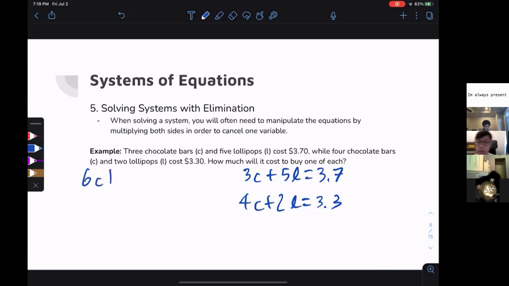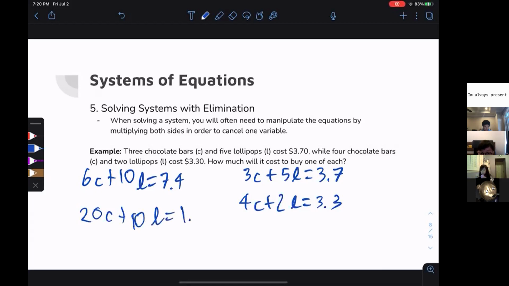So then you get 6c plus 10l equals 7.4, and 20c plus 10l equals 16.5. So then if you subtract the first equation from the second equation, you get 14c equals 9.1.